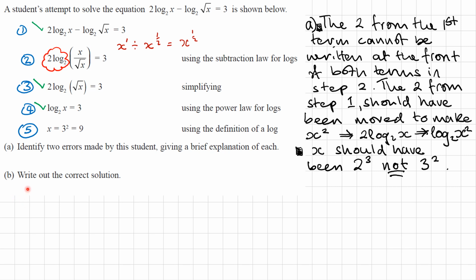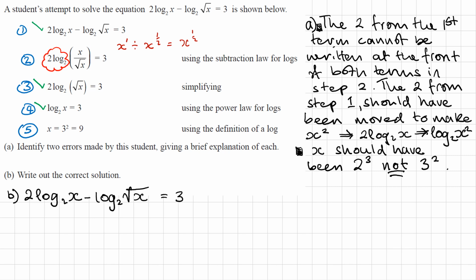Part B is asking us to write out a correct solution. So let's start from the very beginning. 2 log x, base 2, minus log to the base 2 of root x is equal to 3.